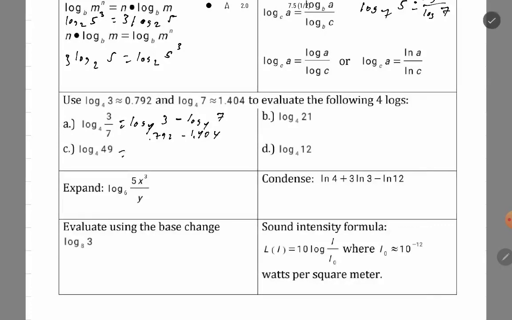So log base 4 of 49, we would set that equal to the log base 4 of 7 plus the log base 4 of 7, because 7 times 7 is 49.